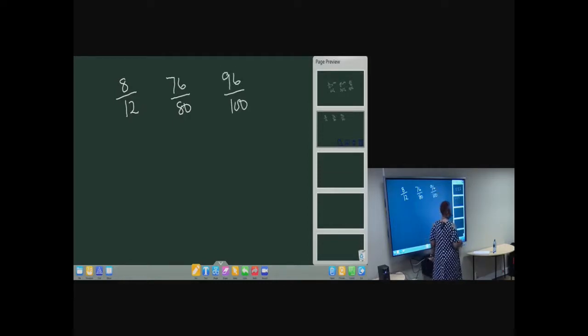Can you see that in all those classes, it's only 4 learners who did not pass? But if you change them to a percentage by multiplying all those by 100, you will find that the one which had 8 out of 12, the percentage pass is 66.7%, and this one is 95%, and the other one is 96%.